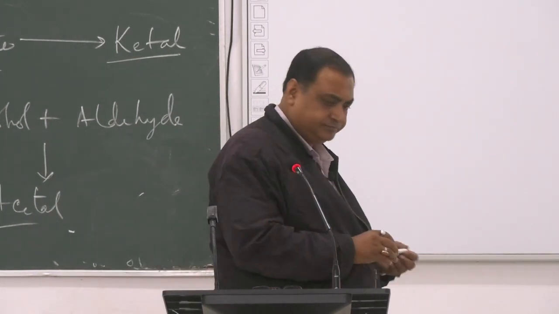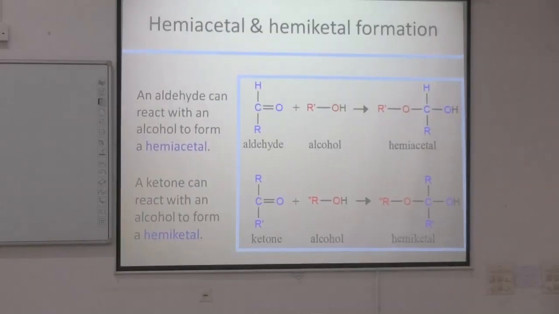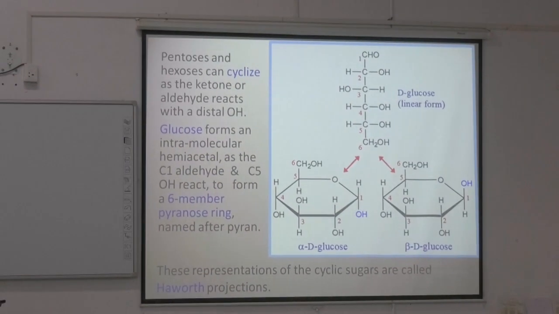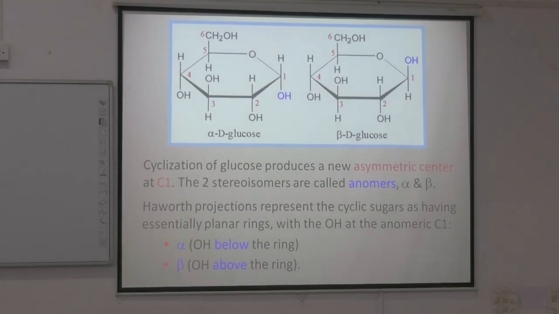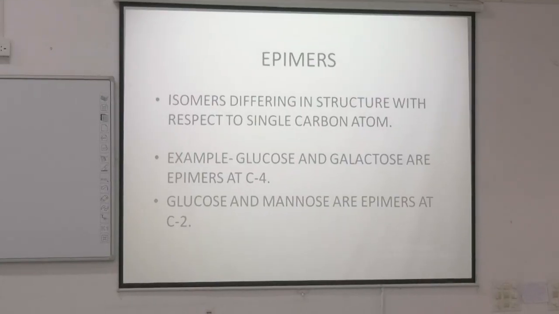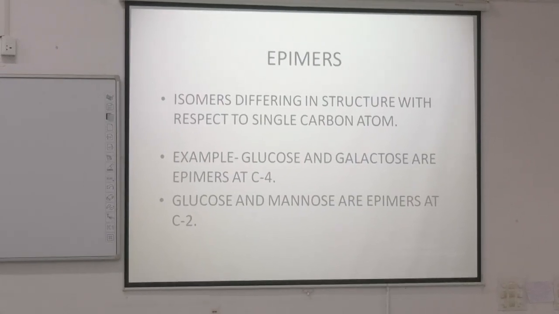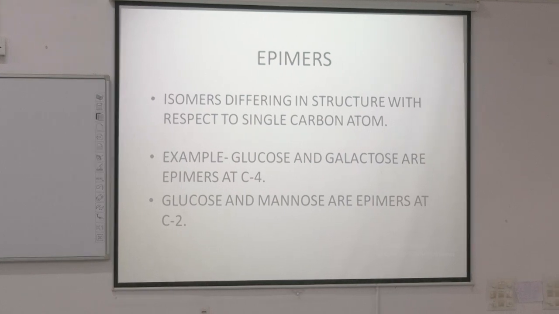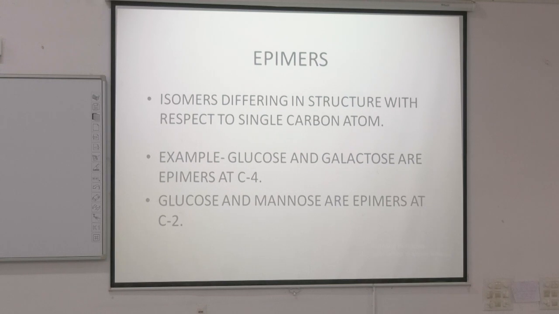Next. Epimers. Epimers are isoforms which differ in their structure only at any one carbon center, carbon atom. Only in one carbon atom. Correct?